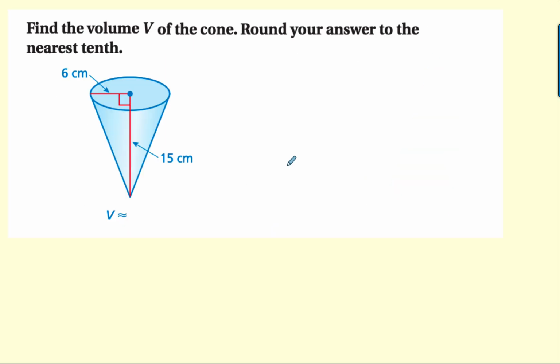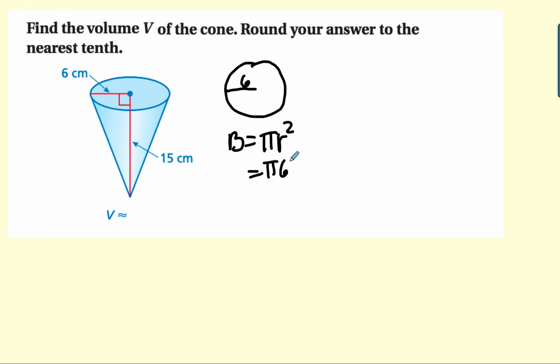Let's go ahead and do it again. Again, we have a circle for our base, and it's very clear that our radius is 6. So the area of the base is pi r squared, which is pi times 6 squared, or 36 pi. Again, don't go to your calculator, just leave it this way. Volume is equal to 1/3 the area of the base times the height.